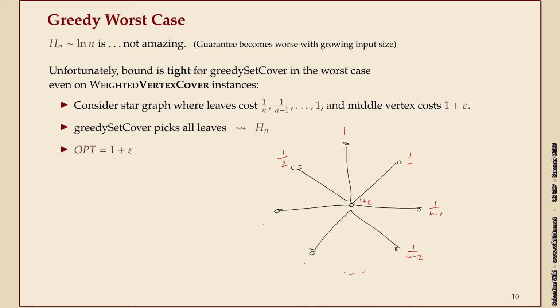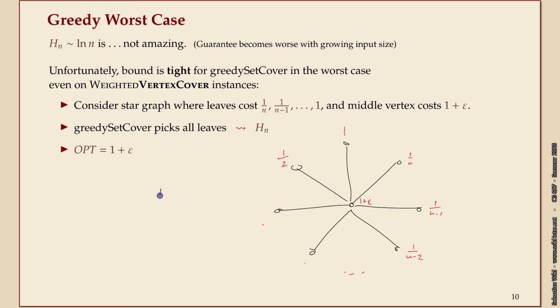And so what happens in the greedy algorithm is initially this singleton set that just gives me this one edge looks really attractive because it's very cheap. Whereas this other guy here would give me n edges, but at the price of 1 plus epsilon.